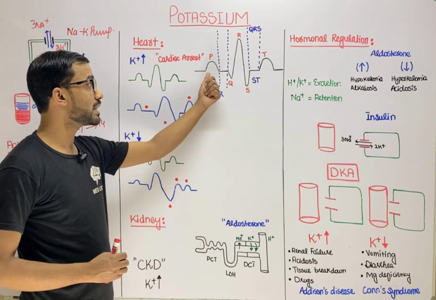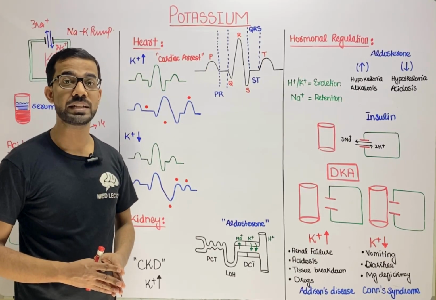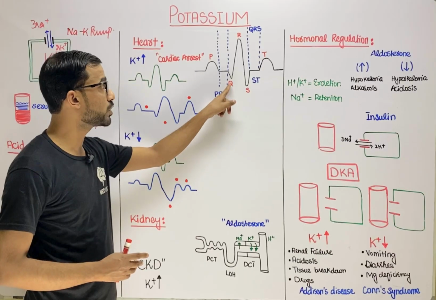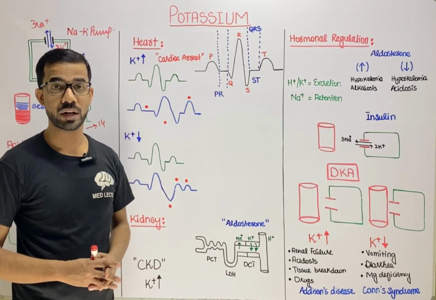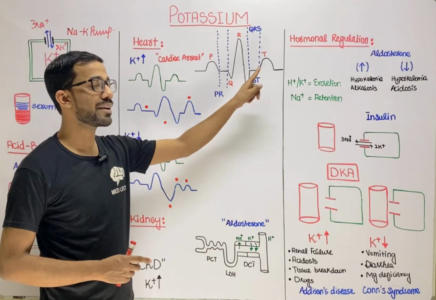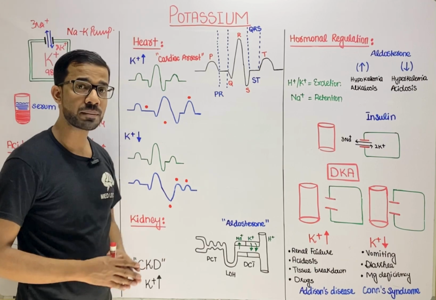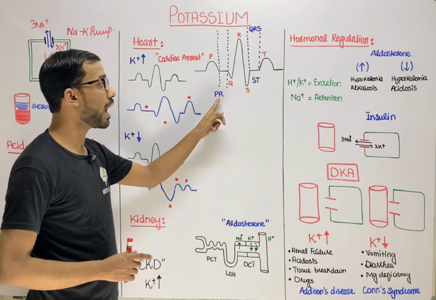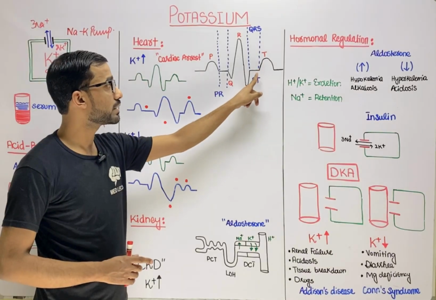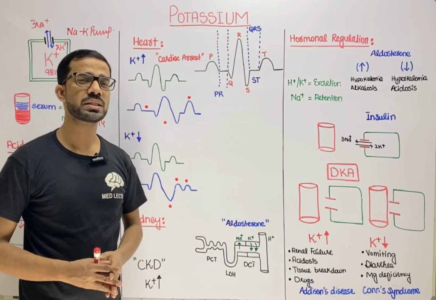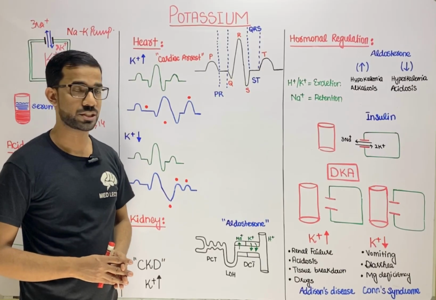The first is the P wave that forms during the atrial depolarization, and second is the QRS wave, which is produced during the ventricular depolarization, and the T wave that forms during the ventricular repolarization. And the three most important segments you will see: PR segment, QRS complex, and a third is the ST segment. So these are the major and the important segments on the ECG.